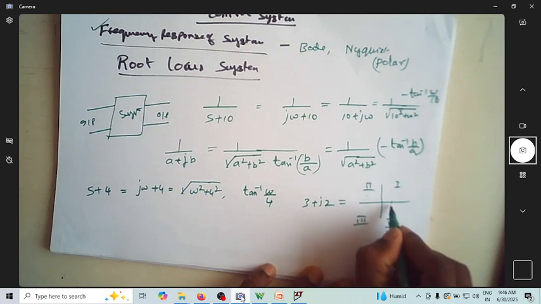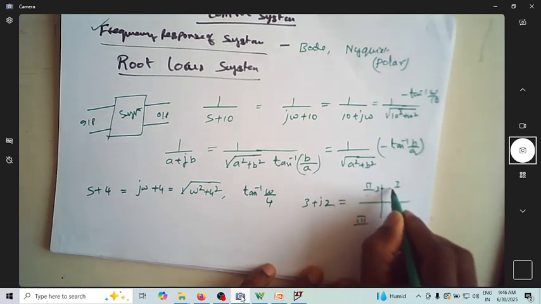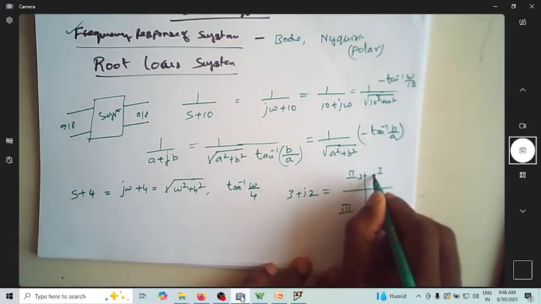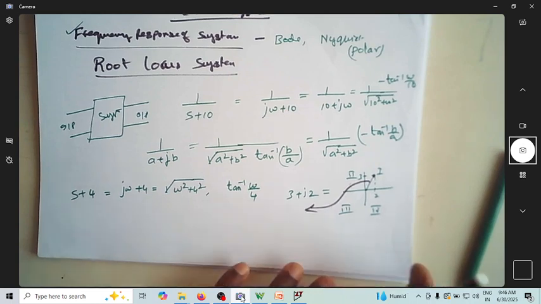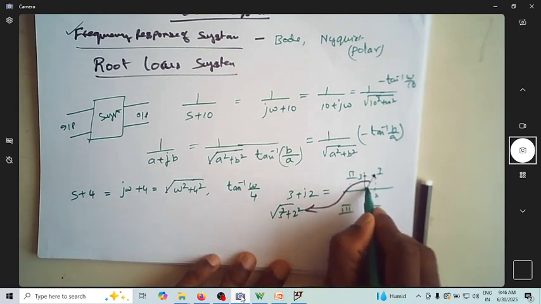Here the real value is 3 and here it is plus j2. The coordinates of these two will meet here, and this is the point. If I want to know the magnitude of this, it is nothing but the square root of 3 square plus 2 square.